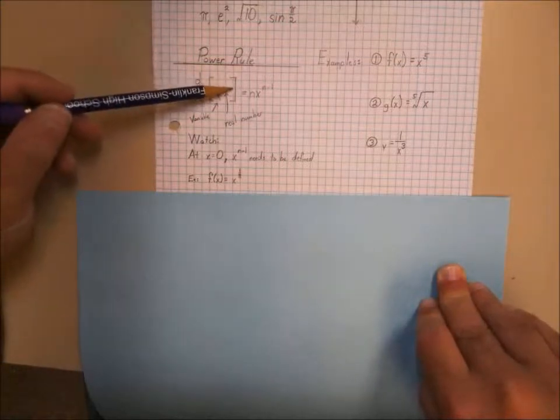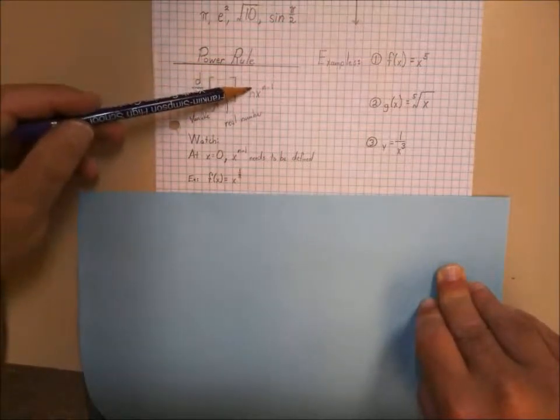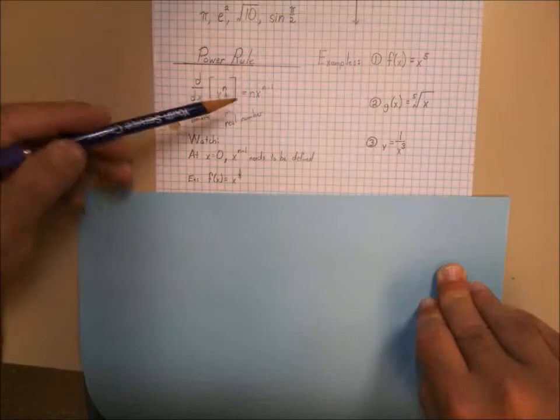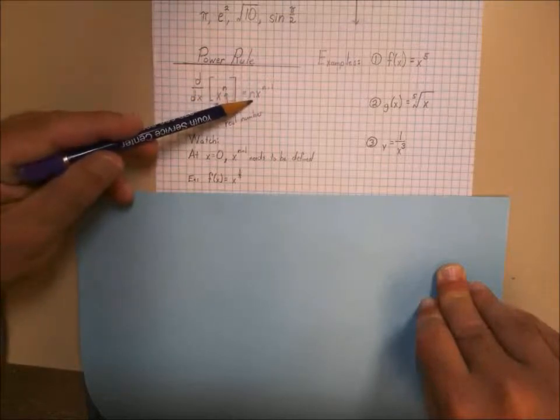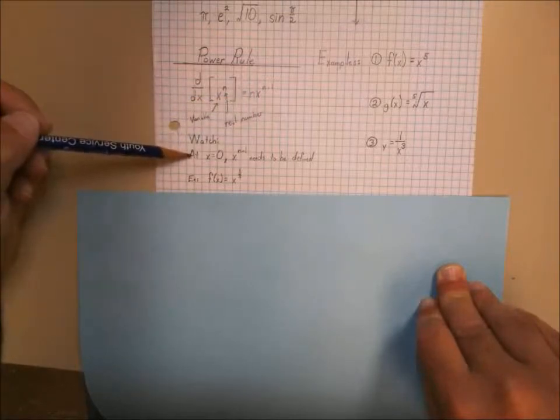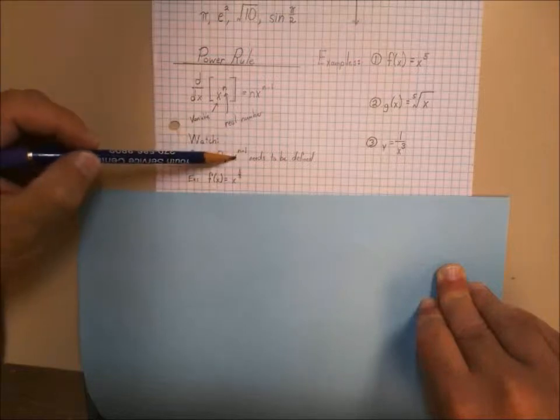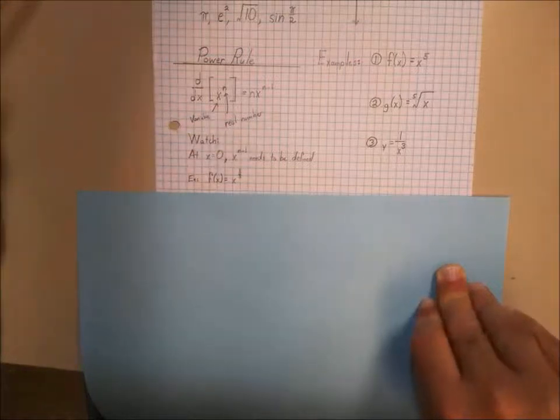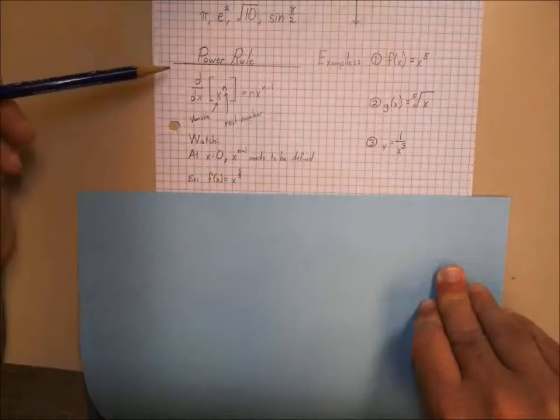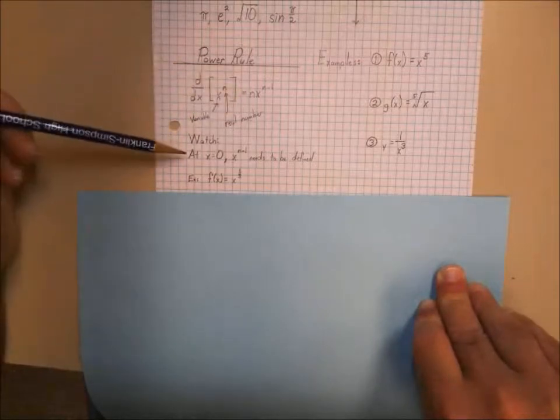Now you need to watch out, because when you do this, occasionally it will not be differentiable at 0. That's where I say watch. At x equals 0, x to the n minus 1 needs to be defined. That's of course assuming that 0 is defined in the regular function.